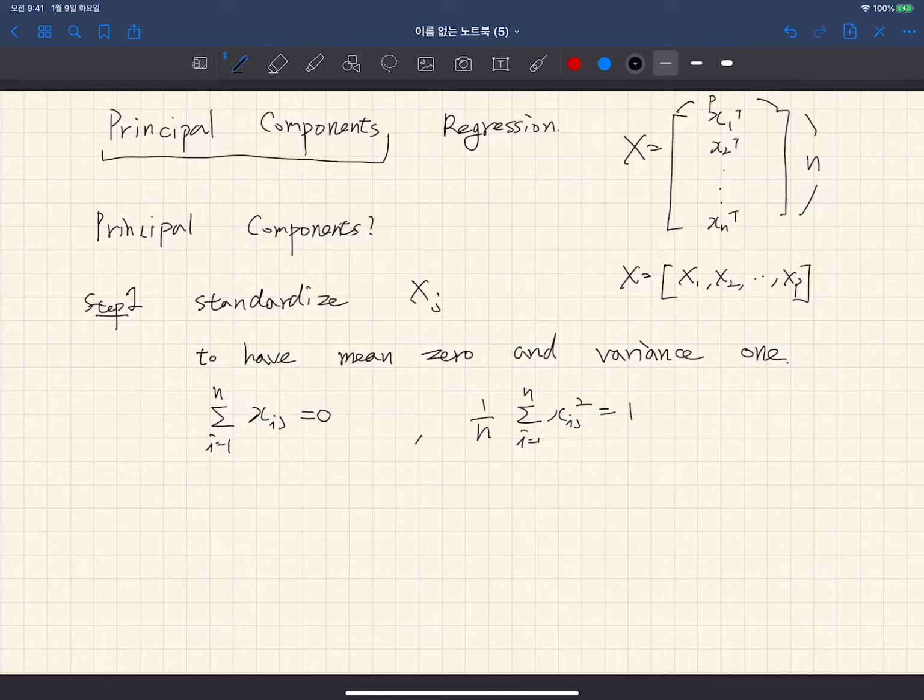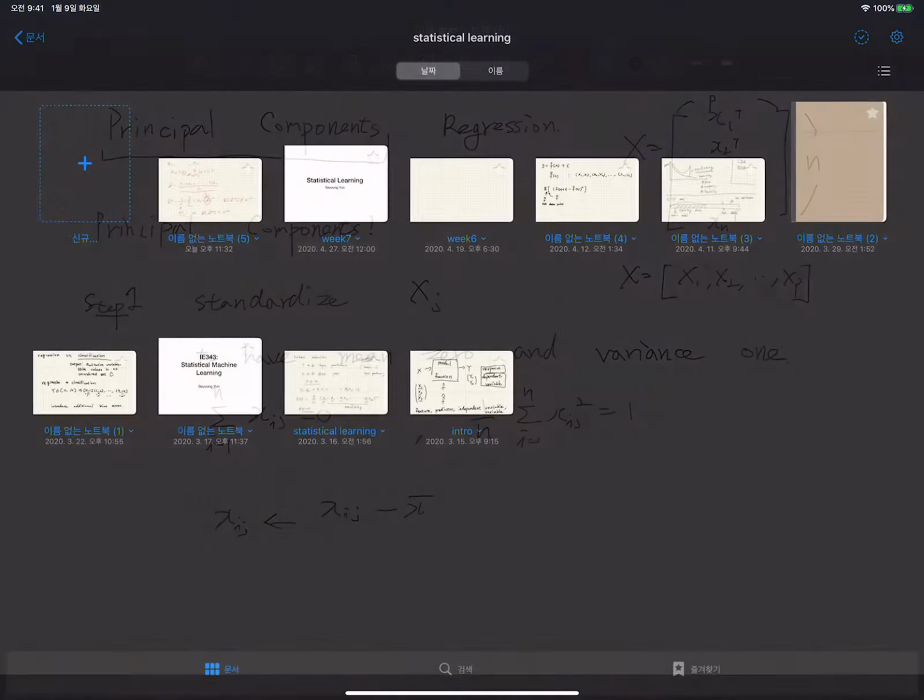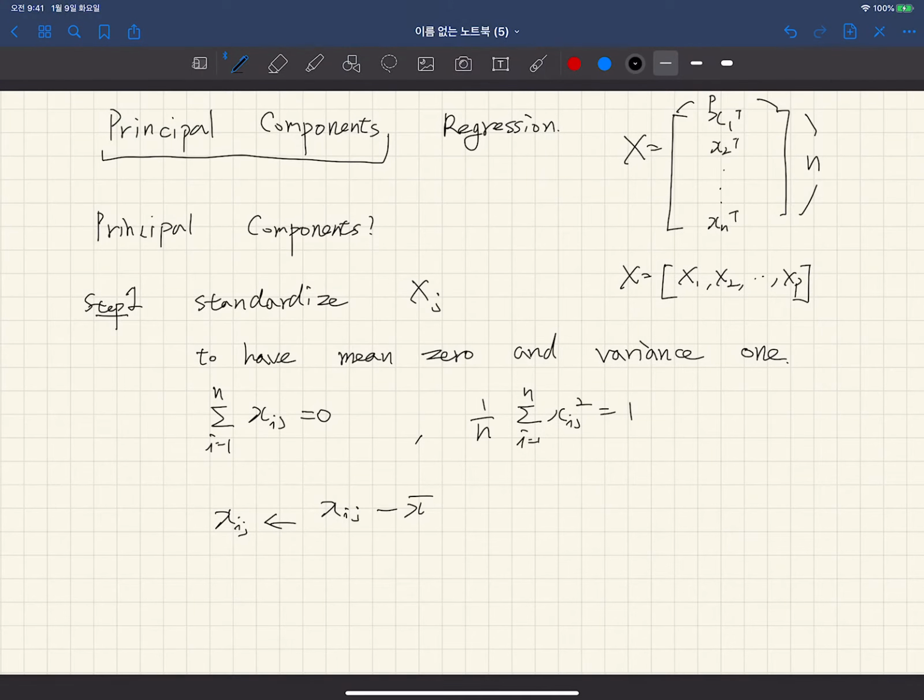Basically, we can redefine xij using the empirical mean and empirical variance, which is the very standard process. Sometimes it is called data pre-processing.